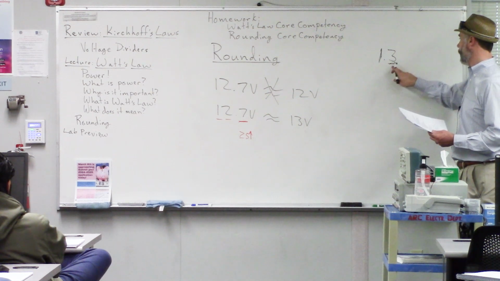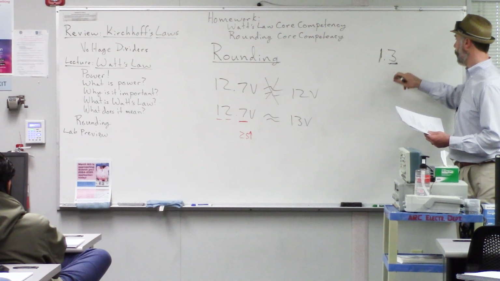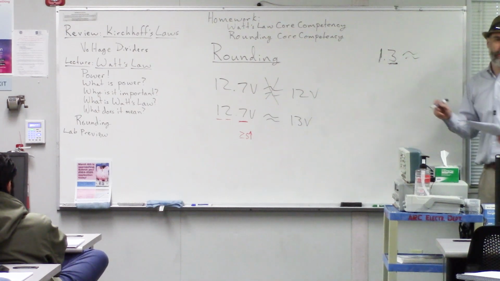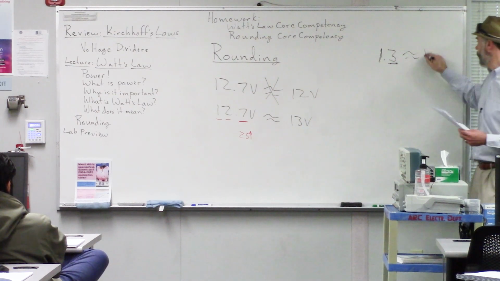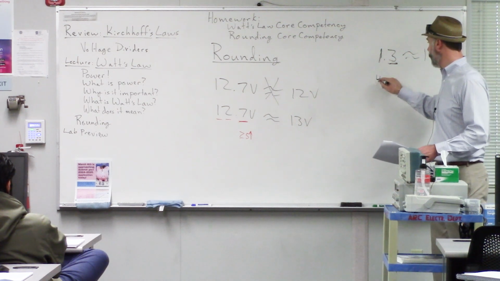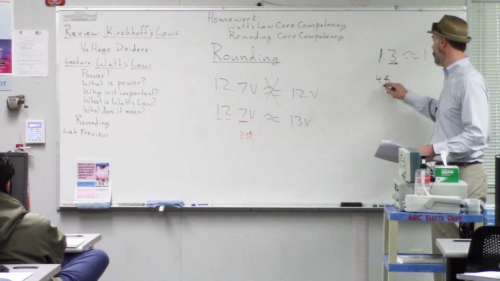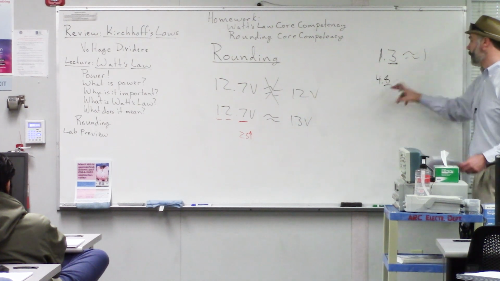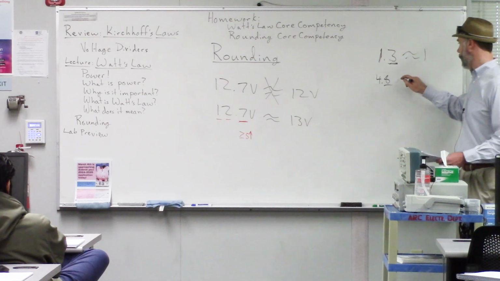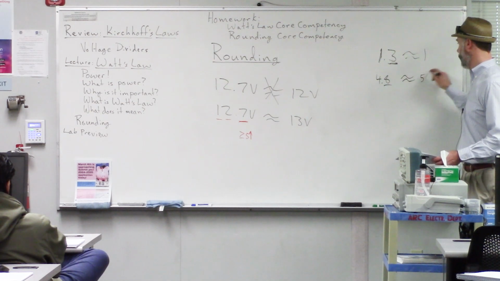We see that it's 4 or less, so that rounds down. So what does this become? 1. 1, exactly. So that's 1, okay? If we look at 4.8 and we want to keep one digit, we look at that. That's 5 or greater. So what does this become? 5. Yeah, it rounds up, it becomes 5, okay?